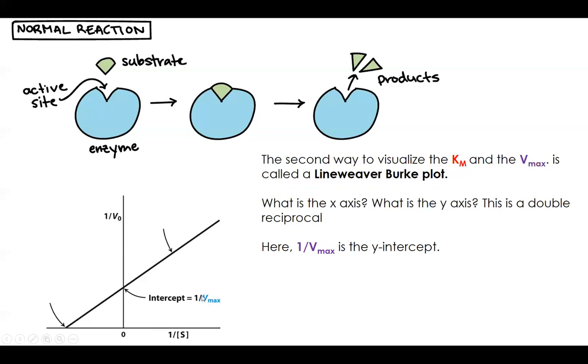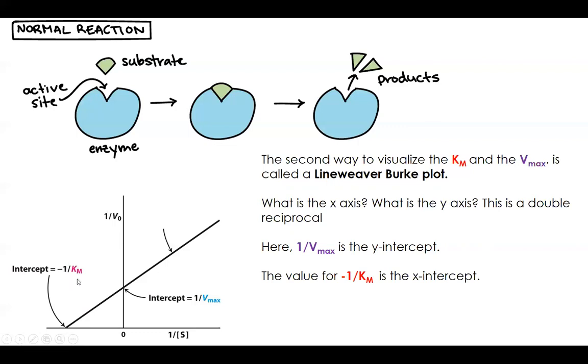So the Vmax is what we want. If we know the y-intercept, we can calculate this Vmax value. It gets even better than this. The value for our x-intercept is negative 1 over the Km.